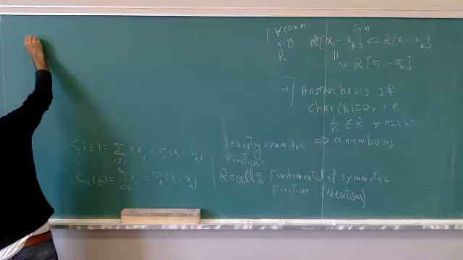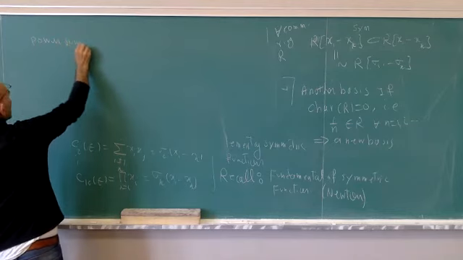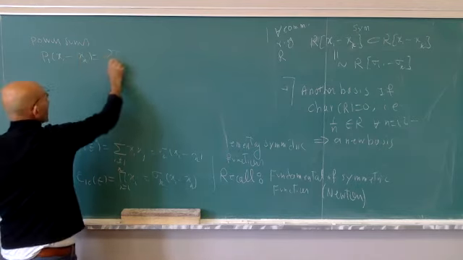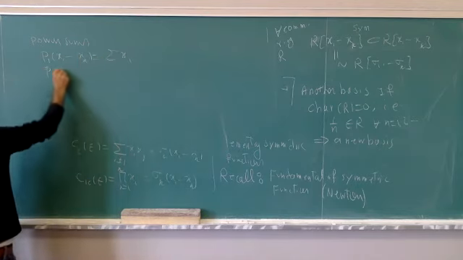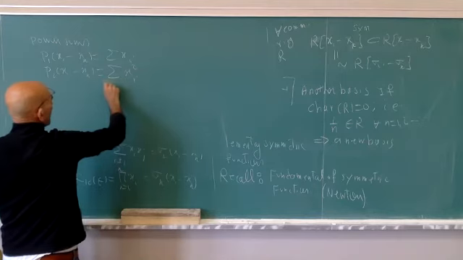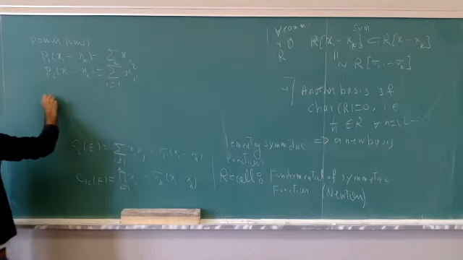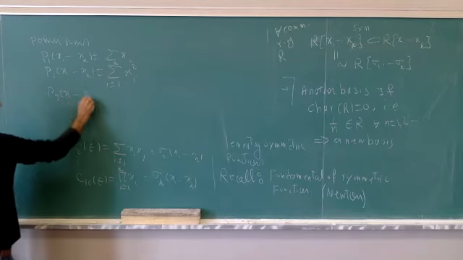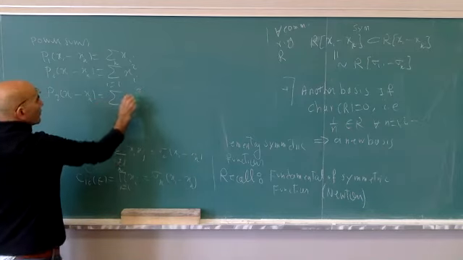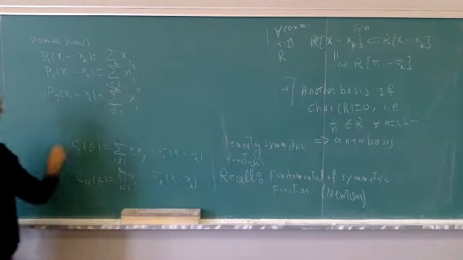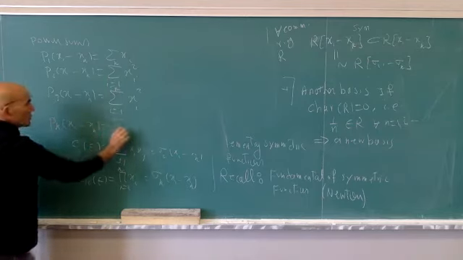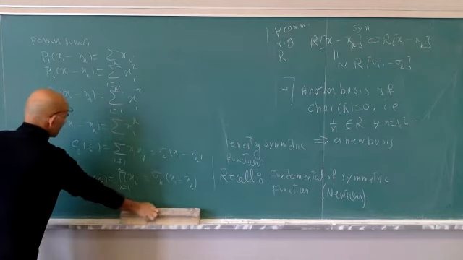So P1 of x1 through xk is equal to the sum of xi. P2 of x1 through xk is equal to the sum of xi squared. P3 is the sum of xi to the power 3, and Pk is the sum of xi to the power k.